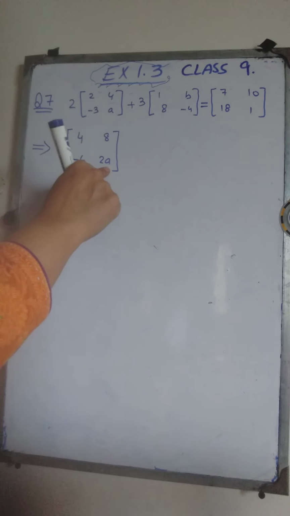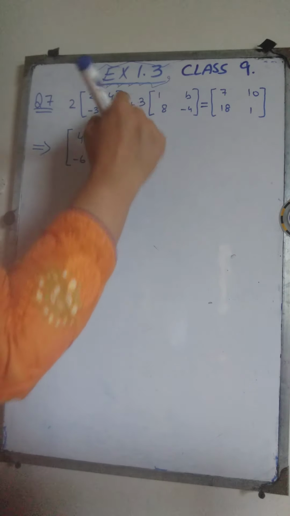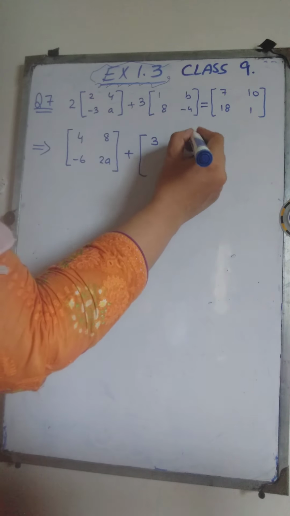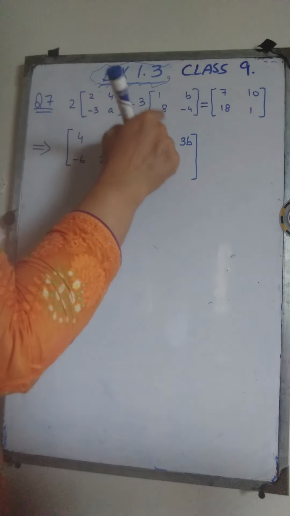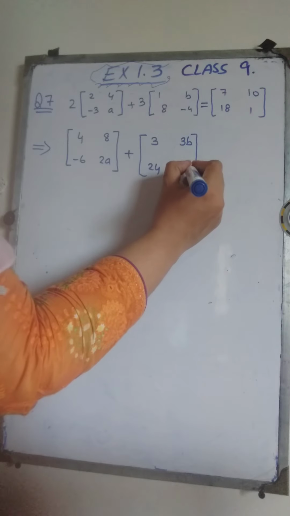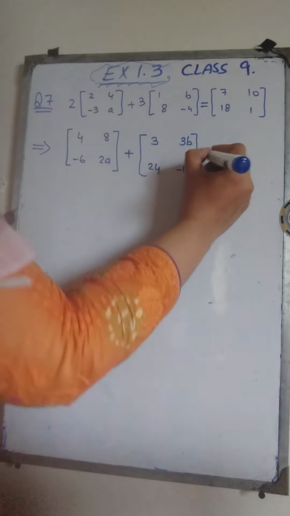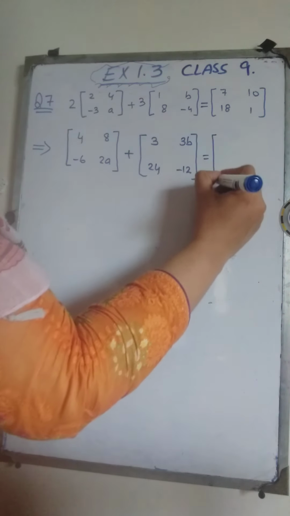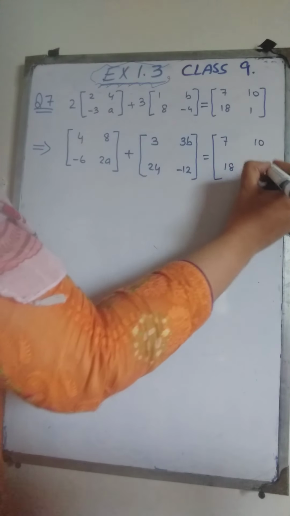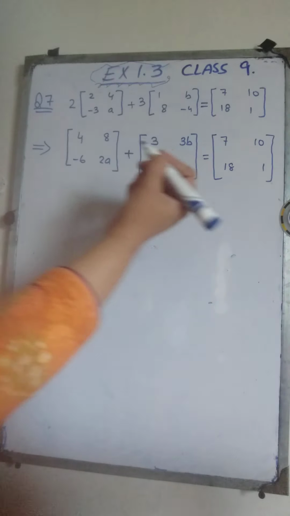So we are going to write 2A using algebra, plus 3 times 1 will be 3, 3 times B will be 3B, 3 times 8 is going to be 24. 3 times negative 4 will be negative 12, equals to 7, 10, 18 and 1. Okay.